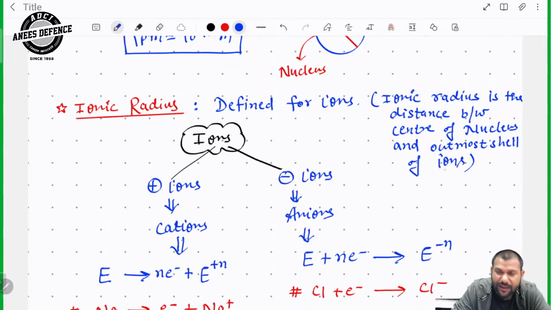Whether it is a positive ion or a negative ion doesn't matter. The definition will be the same.